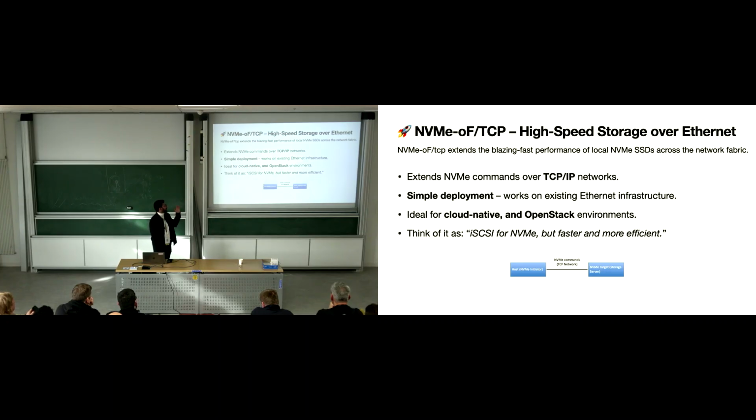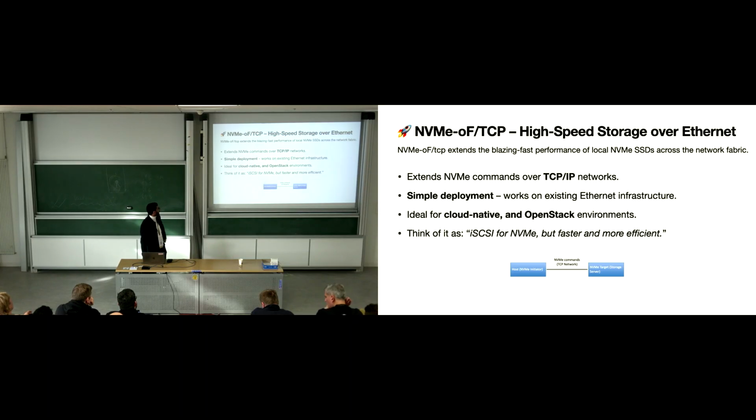So NVMe over TCP is simply sending NVMe commands to store data over the network, and it's a very simple deployment because it uses your traditional network. It doesn't require any specific infrastructure. You can think of it as iSCSI for NVMe. Like in iSCSI we have a way to store data, but this is for NVMe devices.